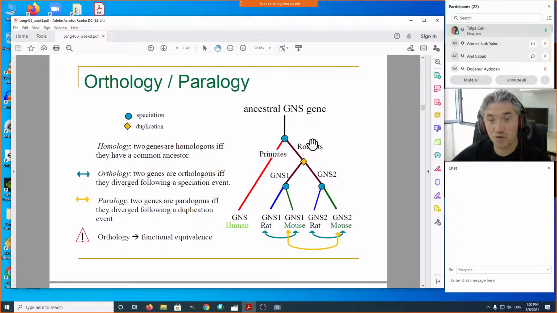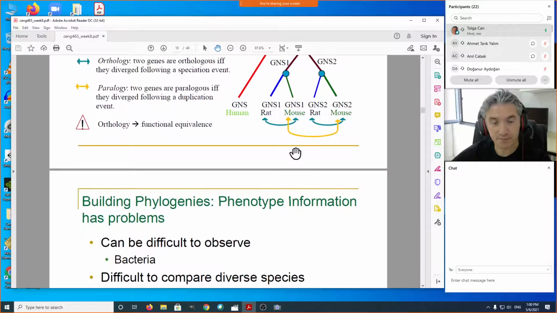These are different evolutionary events that can happen. For example, if you build the phylogenetic tree for a single gene, you can see certain evolutionary events could be inferred after you have the phylogenetic tree for that gene.